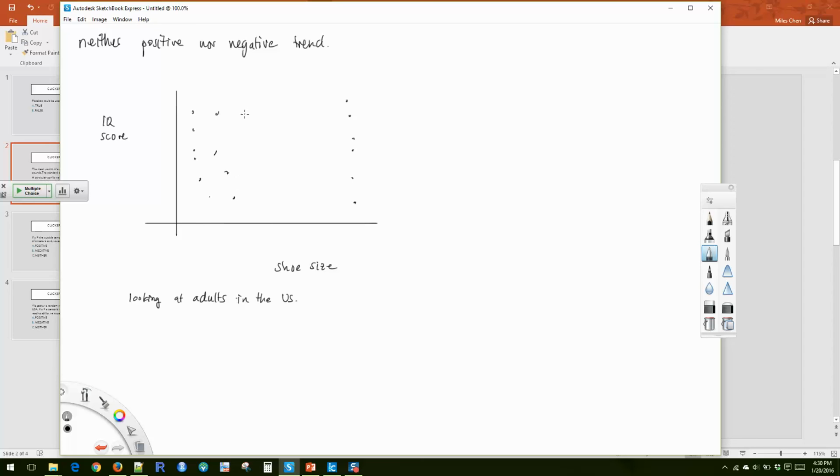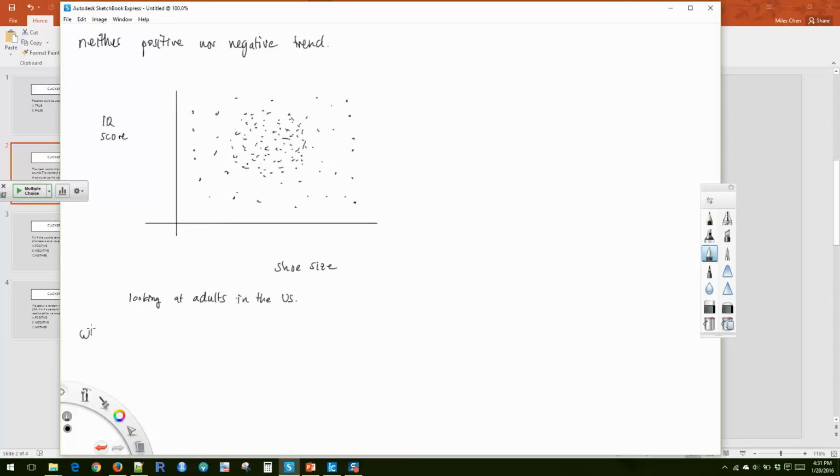You're just going to see points all over the place. Here you don't really have any kind of trend, and you're probably going to have more people in this middle-ish shoe size range, so the points will have a greater density in the middle, where more people are average shoe size and average IQ. But overall, you've got no real relationship.